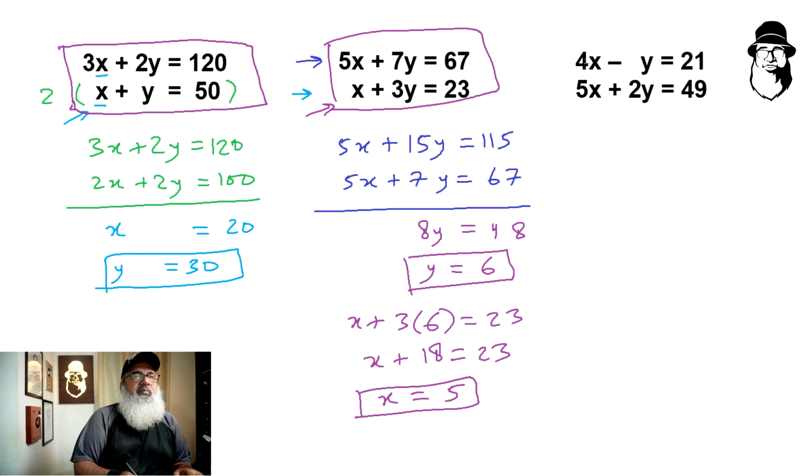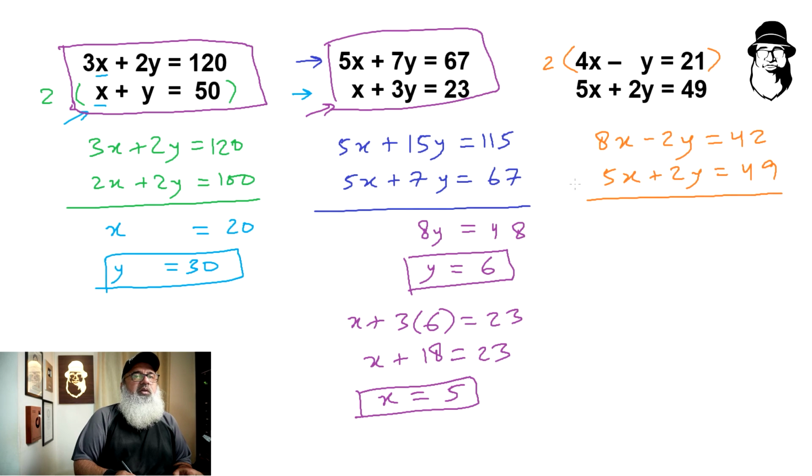So we are multiplying all of this equation by 2. So 2 times 4 is 8. So 8x minus 2y is equal to 42. And here we have 5x plus 2y is equal to 49.